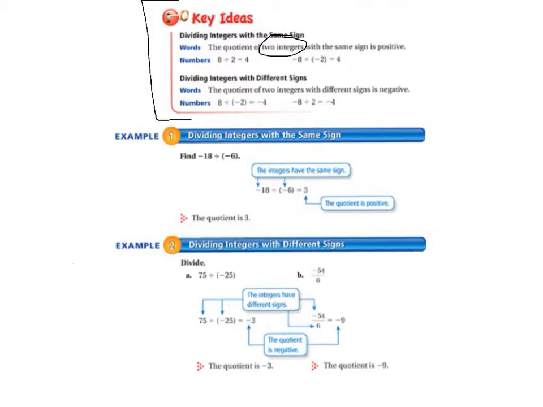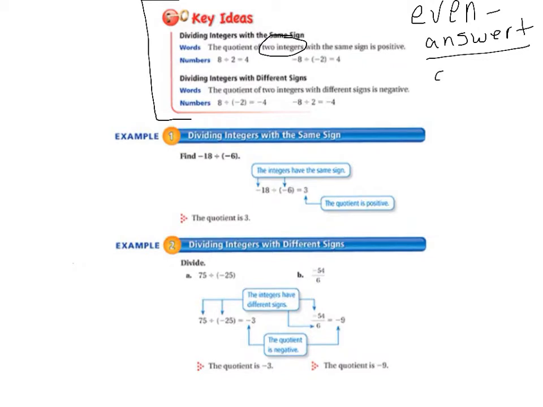So I'm going to write off to the side the same kind of thing that I wrote with yesterday's lesson with multiplying integers. If you have an even number of negative signs, then your answer is going to be positive.